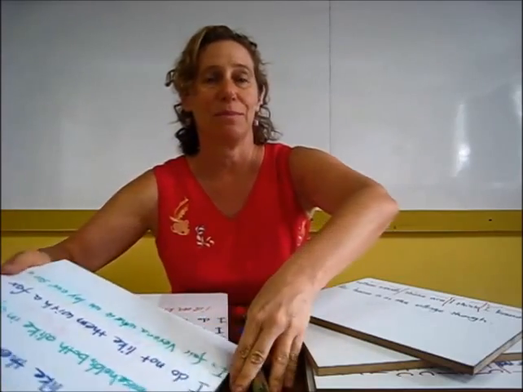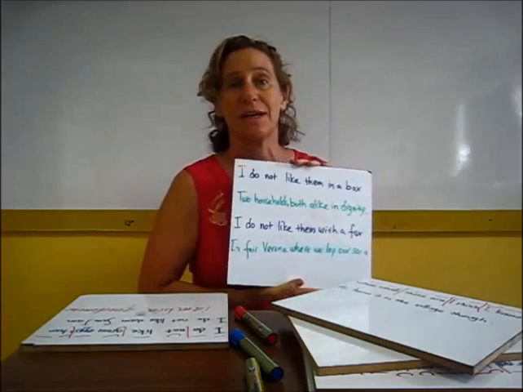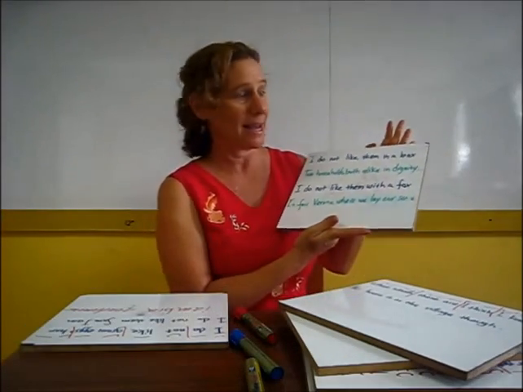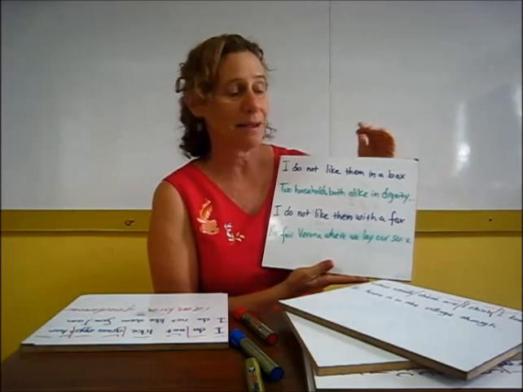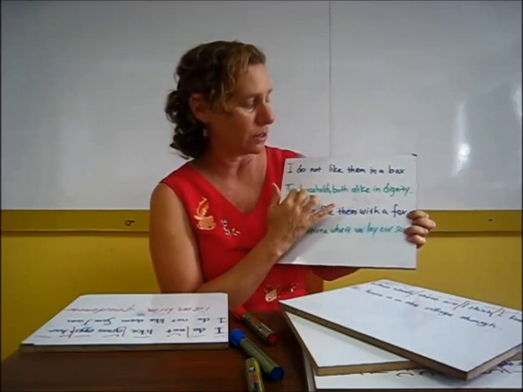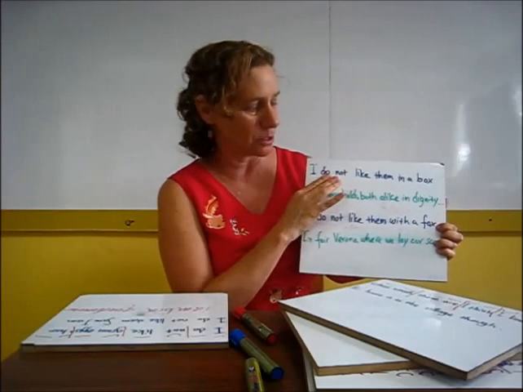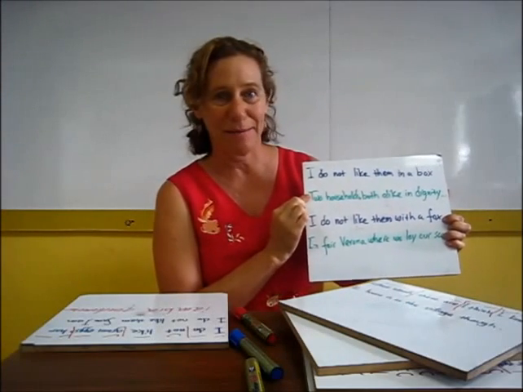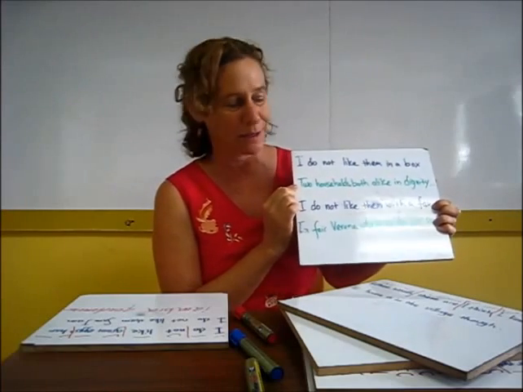Lastly, I want to point out that iambs are used all over the place. So like I said, I do not like them in a box is the same form of iambs as you might hear in two households, both alike in dignity. So this is the quadrimeter, here's the pentameter, this is the prologue from Romeo and Juliet by Mr. William Shakespeare.